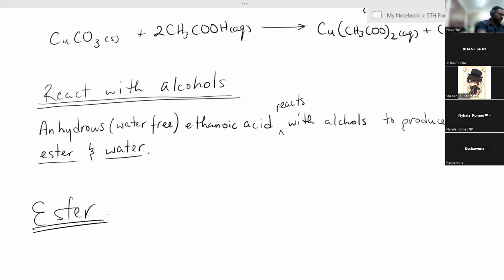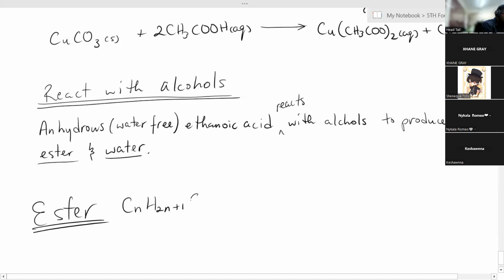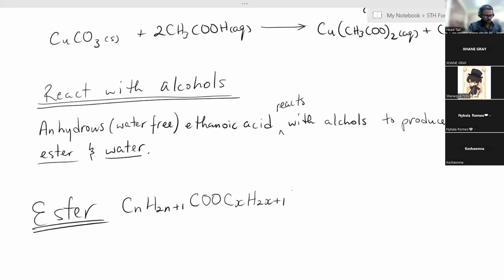The general formula for an ester is CnH2n+1COOCxH2x+1.